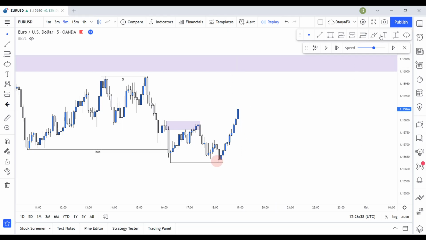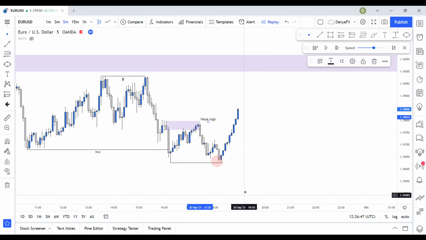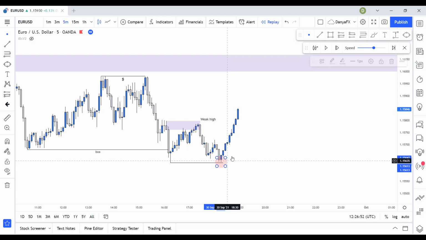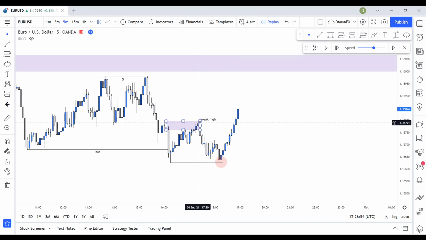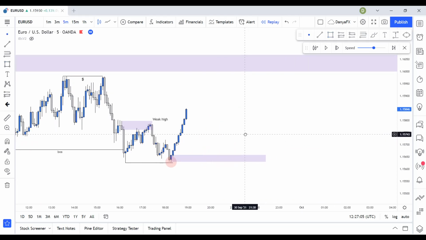So this means now that this high is now weak because, as I said, it didn't really succeed in printing a lower low. So we expect this low to be impulsively broken, and as you can see, it happened. So right now we can even get our order block because we broke this point of structure here.